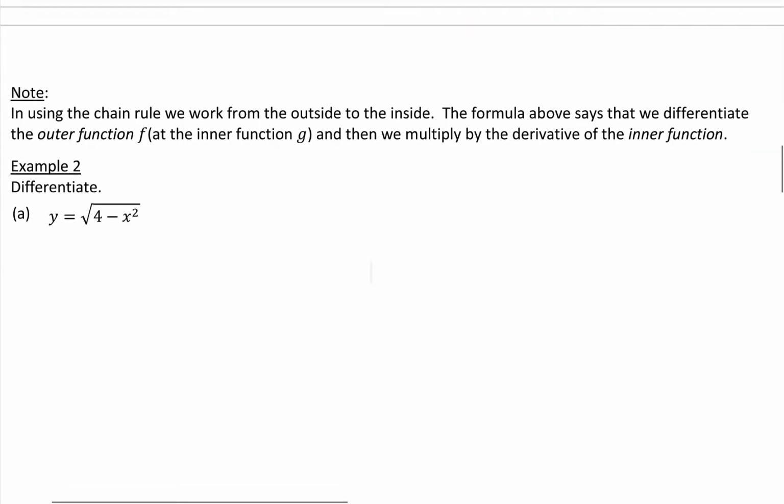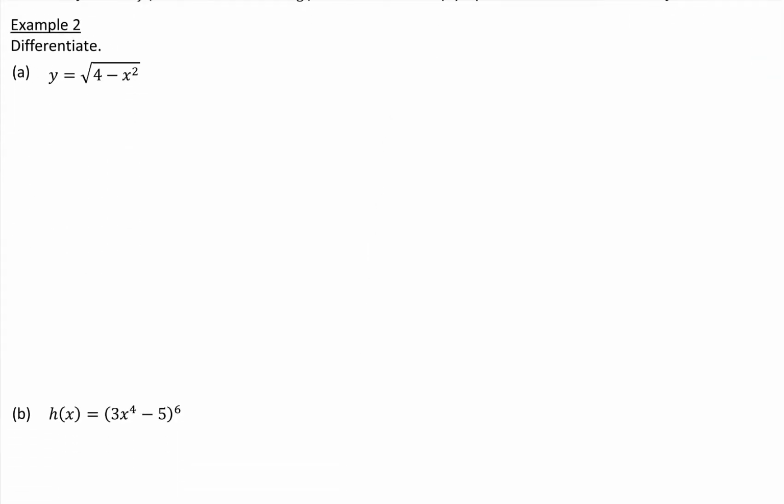Let's go through a few examples using the chain rule. First example, what is the derivative of the root of 4 minus x squared? When you start using the chain rule, you should always identify the outer function versus the inner function. For this example, the outer function f is equal to the root of x, and the inner function g is equal to 4 minus x squared.